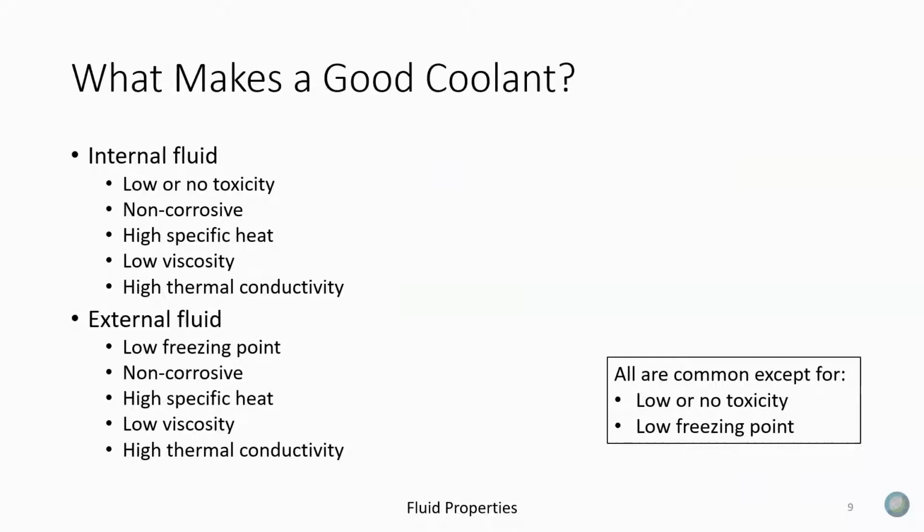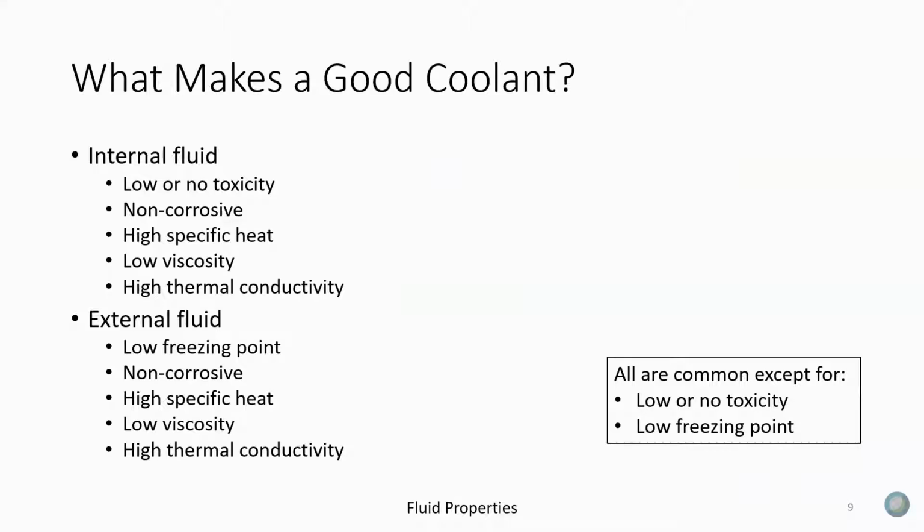We absolutely want it to be non-corrosive in whatever material we've built into the system. So if you're going to build an aluminum system, you want it to be non-corrosive to aluminum. If it's stainless steel, that's much easier. Love to have a high specific heat to keep the pumping down. Low viscosity, just to make it easier to pump, lower pressure drop, and high thermal conductivity to get good performance in the heat exchangers and the cold plates.